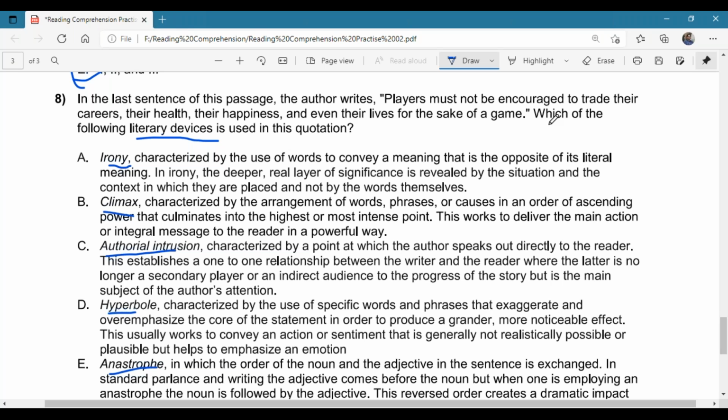Just try to give one read and just try to understand. What is the right literary device?